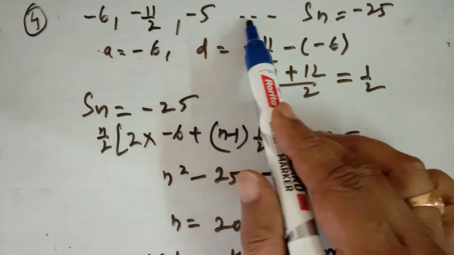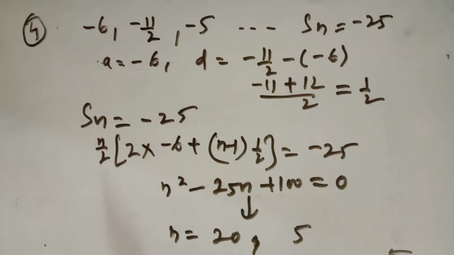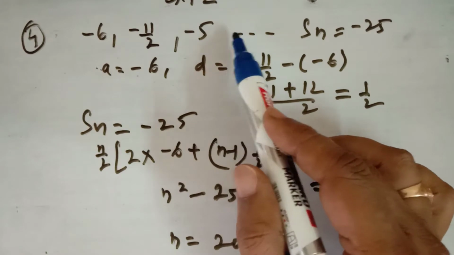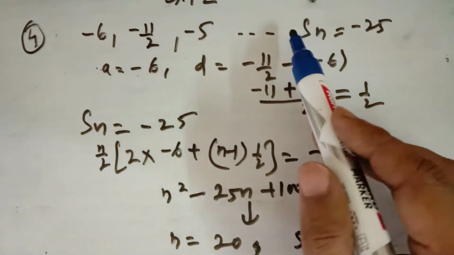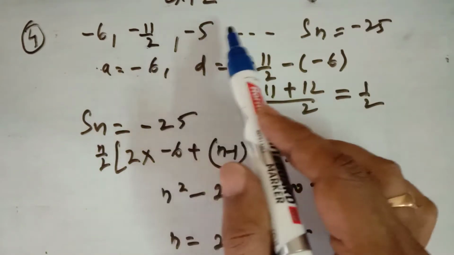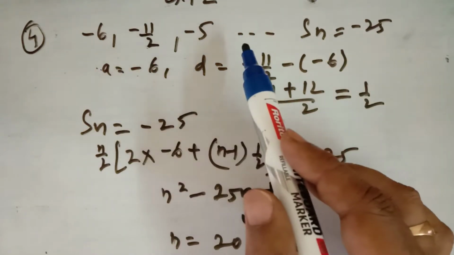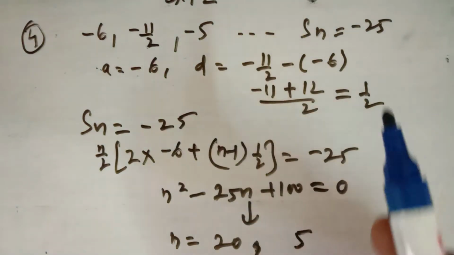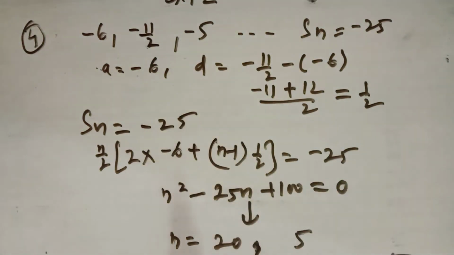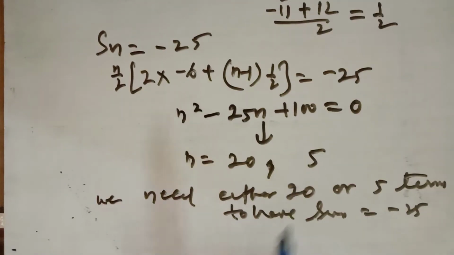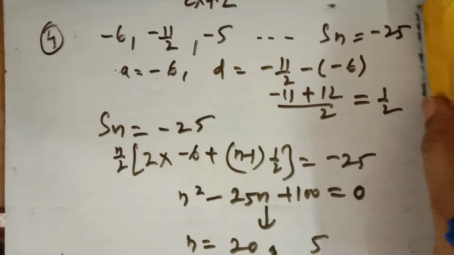So after some time, the positive terms will also start coming. When all the terms are negative, more terms are needed. When some negative and positive terms are there, fewer terms will be needed to get the sum as minus 25. So this is question number 4 of your NCERT book.